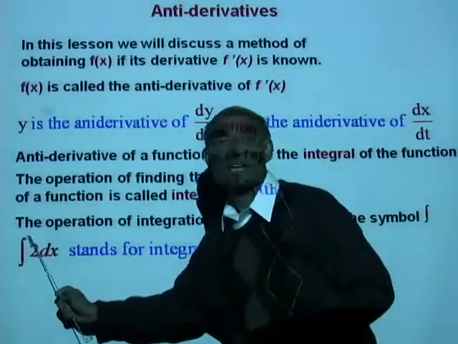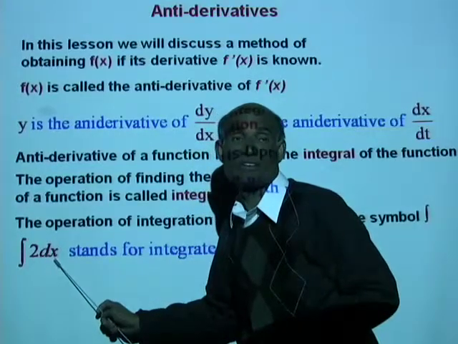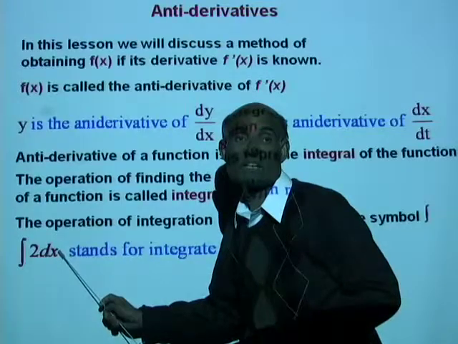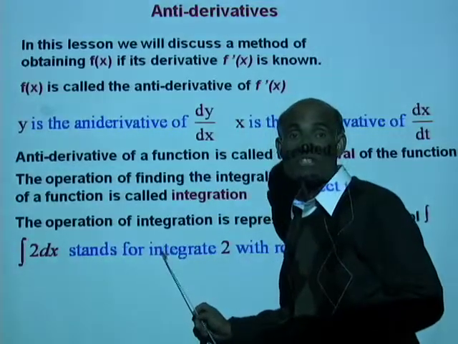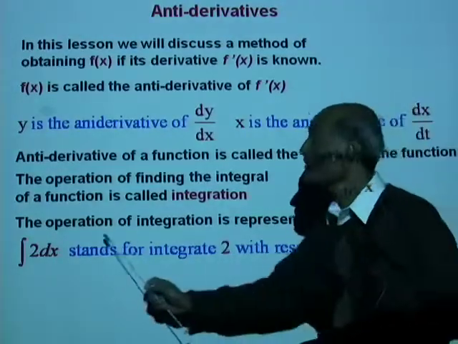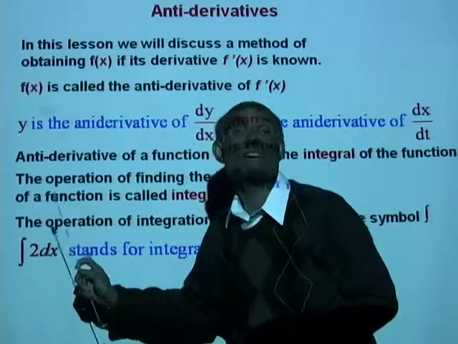Now look at this. You read it like this: integral 2 dx. This dx is an important factor. It stands for integrate 2 with respect to x. In other words, this indicates that the independent variable is x.